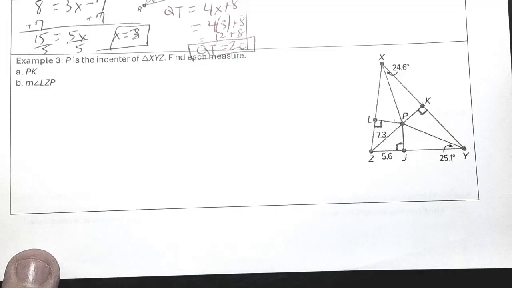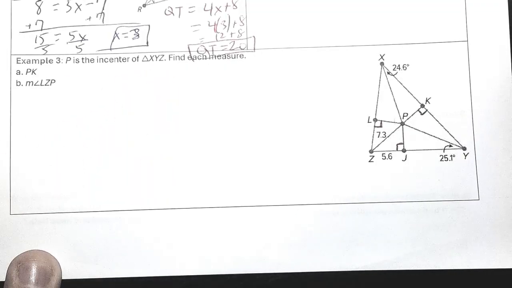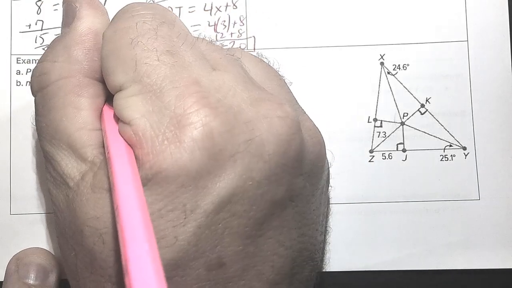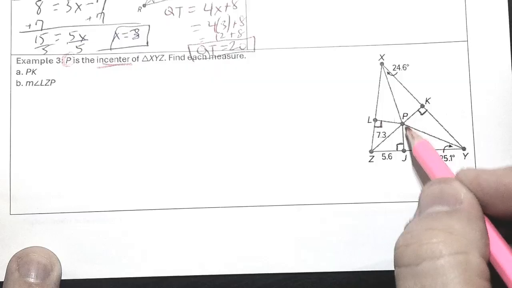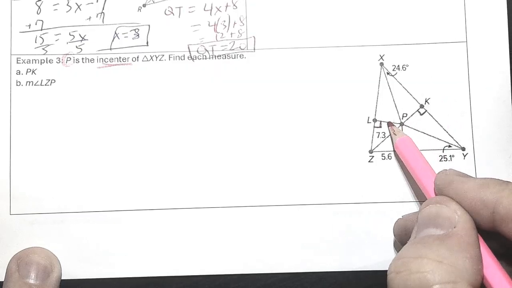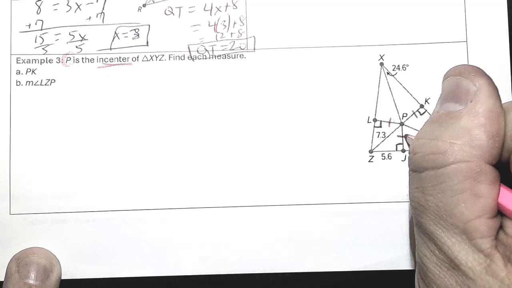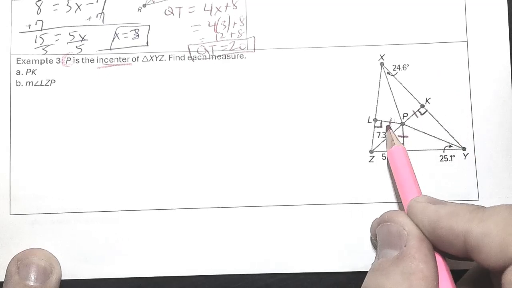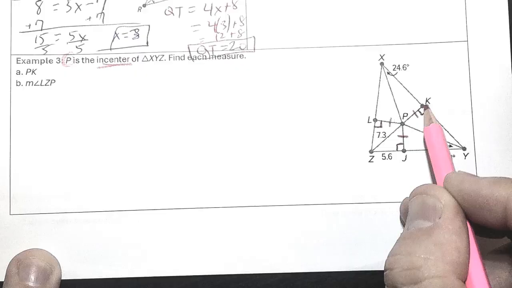All right, so example 3, P is the incenter of XYZ. If P is the incenter, that means PL, PK, and PJ are all congruent, because remember, the incenter is equidistant from the sides.